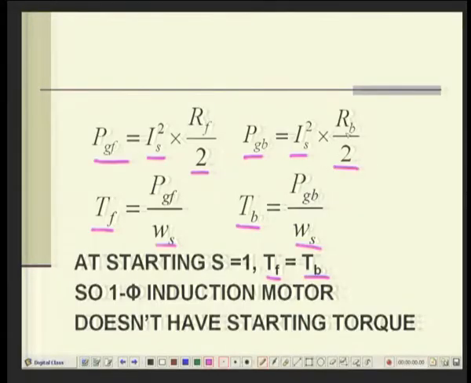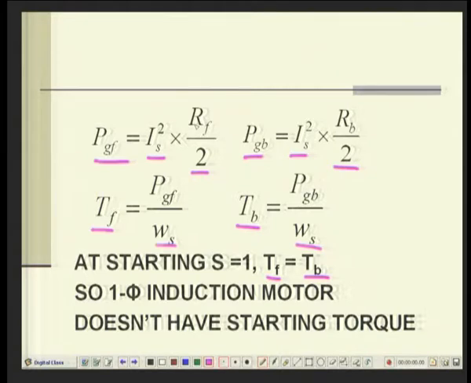Now the forward field will produce a torque Tf equal to Pgf by synchronous speed, and the backward field produces a torque Tb equal to Pgb by synchronous speed. At starting, Tf equals Tb, because Rf equals Rb, since S is equal to 1 at starting.